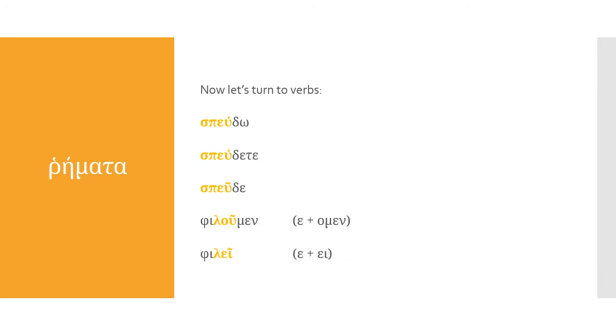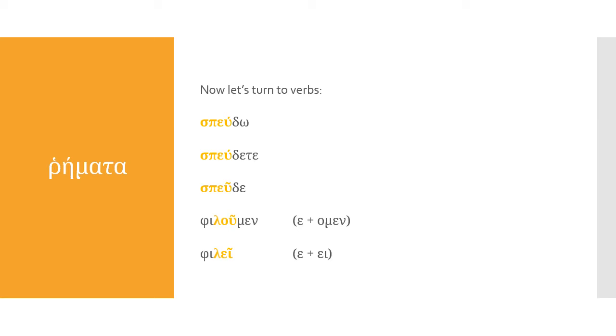Similarly, pili, pili. Here we have a contraction of epsilon in the stem and then epsilon iota in the ending. And so what happens here is that the epsilon iota combination simply becomes epsilon iota, but if you think about where the accent would be, it would only be back upon the epsilon, and so again it is circumflex.